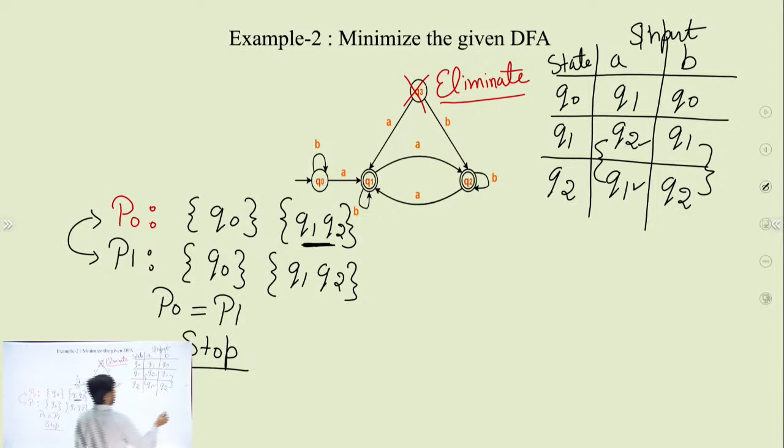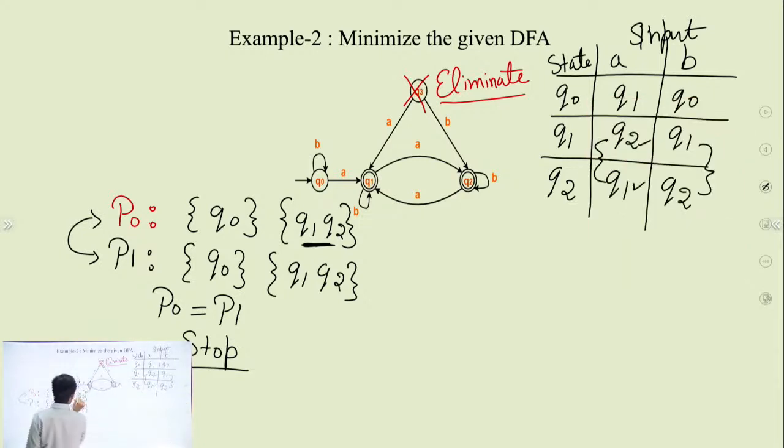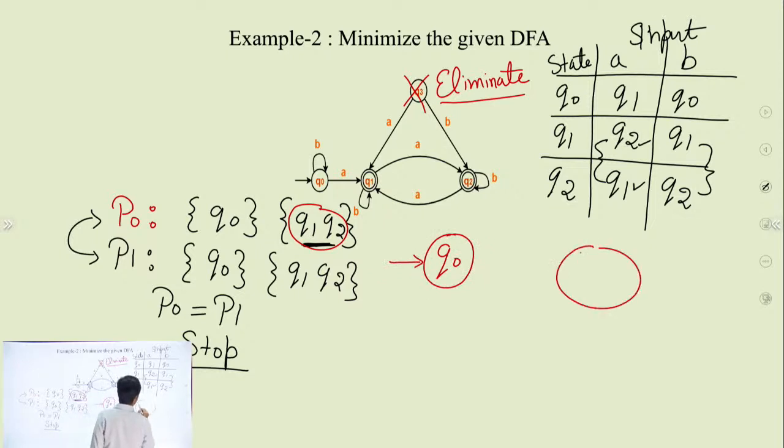Now, these Q1 and Q2 states are equivalent. So we combine them. So there are only two states. One state is Q node, which is the initial state, and the second state is Q1, Q2.